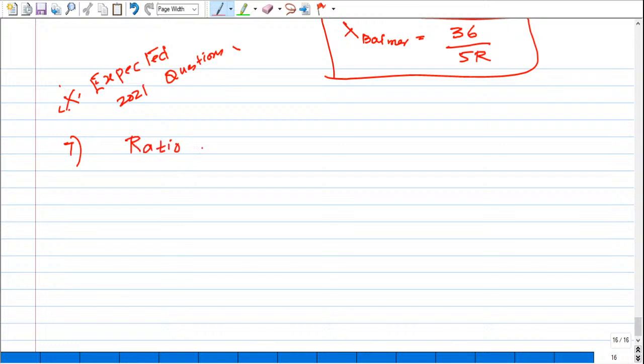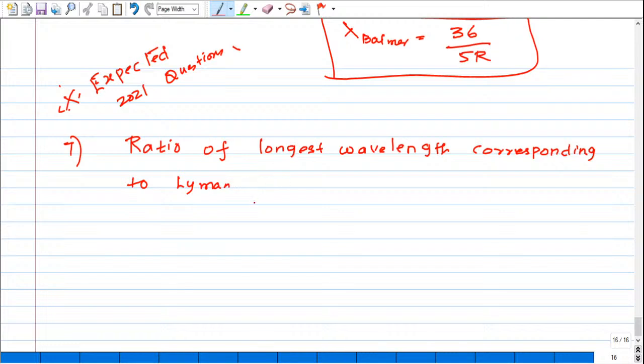Ratio of longest wavelength corresponding to Lyman and Balmer series in hydrogen atom.